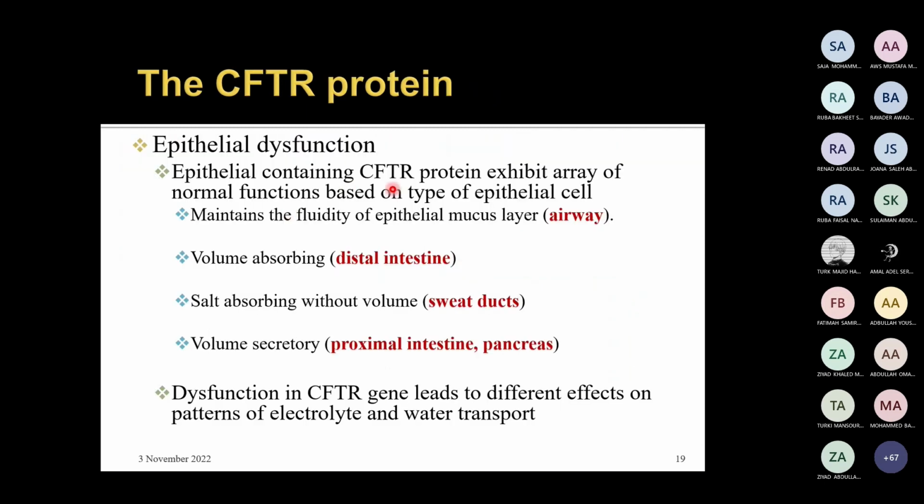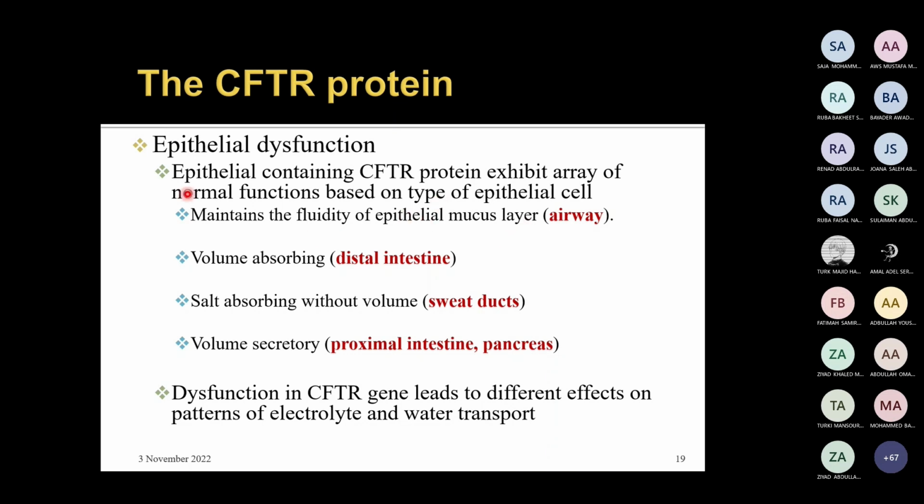So the CFTR protein defect results in epithelial function problems. Epithelial cells containing CFTR protein exhibit an array of normal functions based on the type of epithelial cells. Epithelial tissue occurs in different organs, and depending on the organ, these channels will function differently.